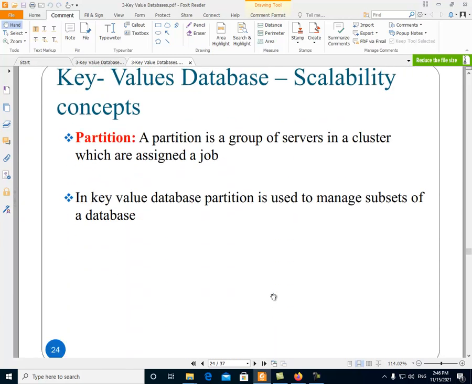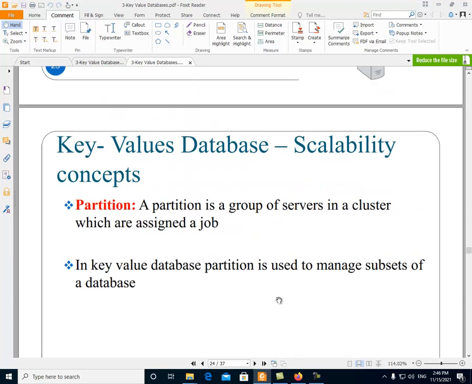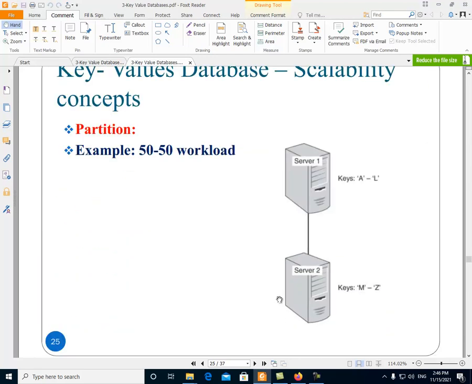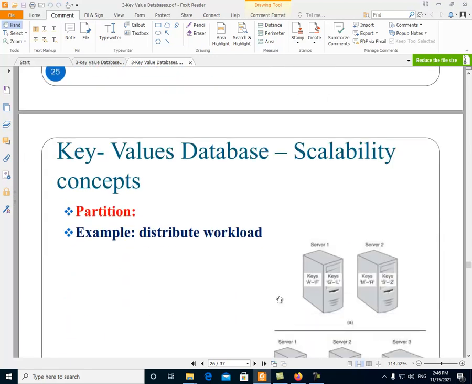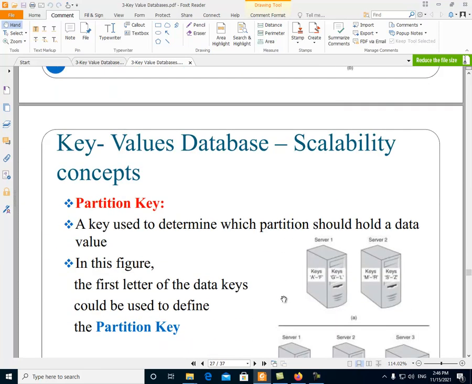The partition is a group of servers in the cluster that do a specific job or task, and the partition could have different workloads. The partition key is a key that we could use to access a partition.